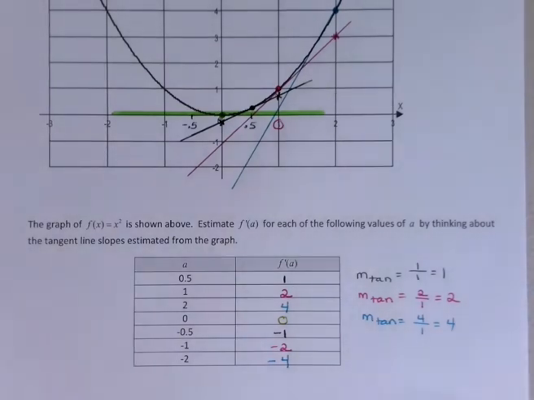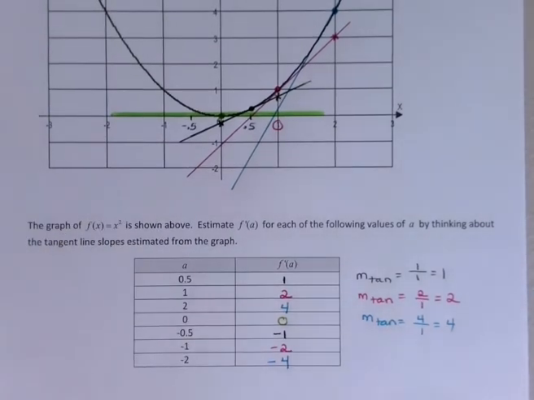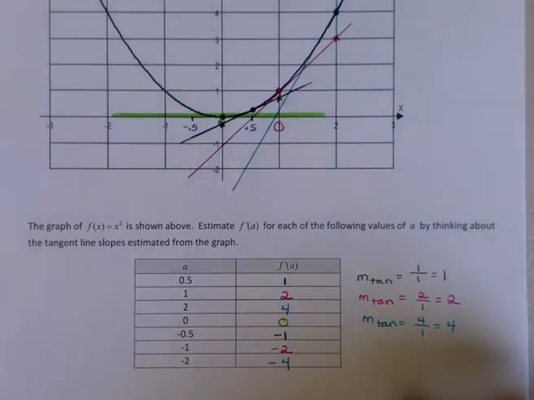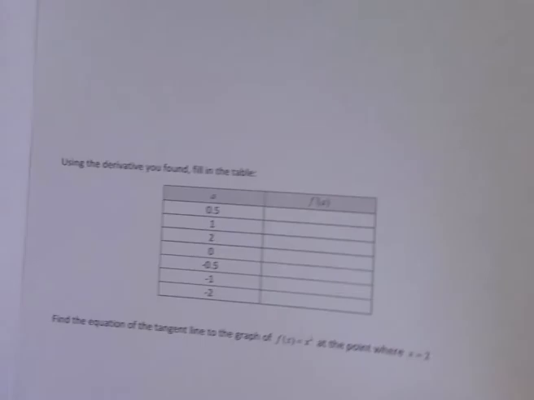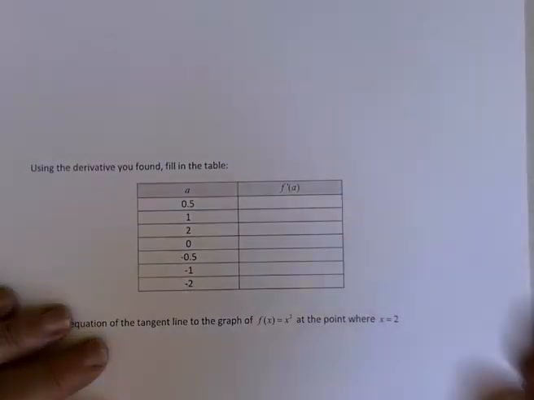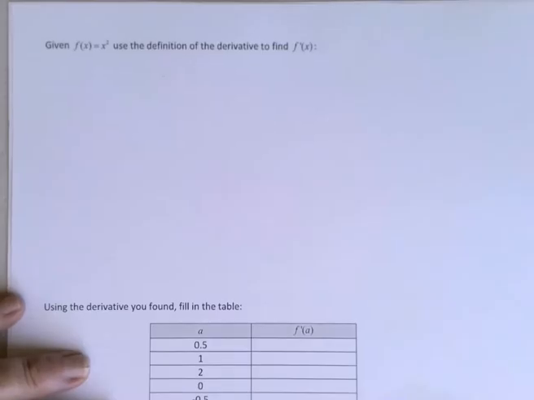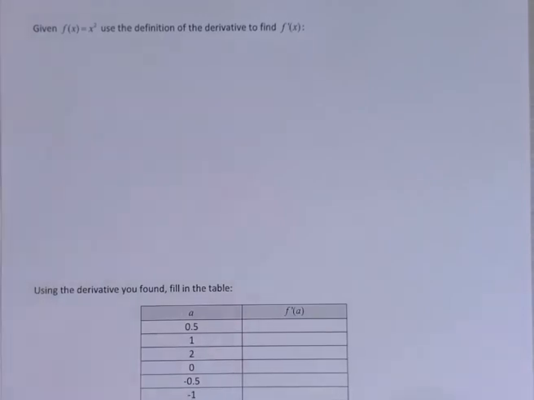All right, so graphically, and then with a table of values numerically, we've estimated the slopes at a few points, or in other words, the derivative at a few different x values for the function f of x equals x squared. I'm now going to say, all right, we developed an analytic formula for the derivative. It was the limit of what we used to call the difference quotient.